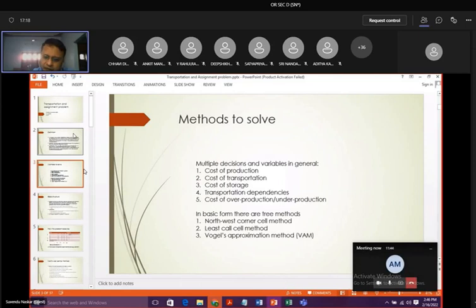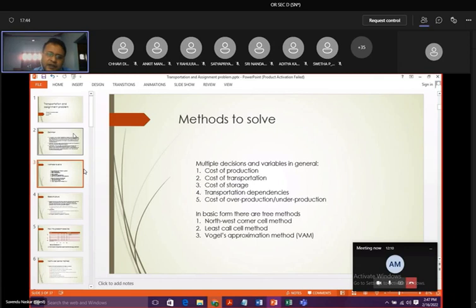Similarly, there are costs of transportation also involved, because sometimes the shortest path is not necessarily the least cost transportation path. It may so happen that because of some regulatory restrictions, or state GSTs or tolls or whatever, there are multiple factors, or maybe the carrier or third-party logistics has special restrictions.